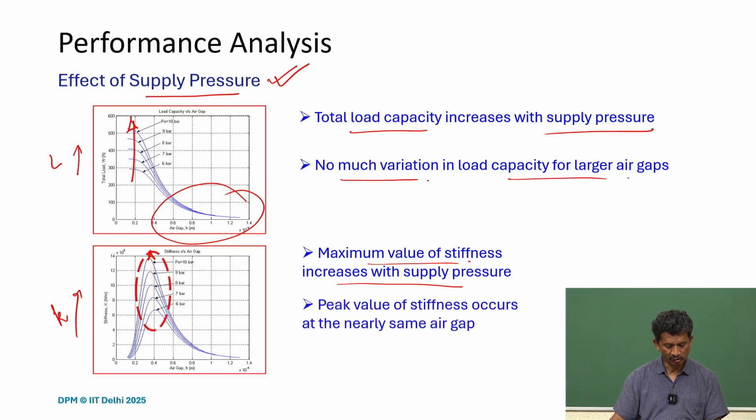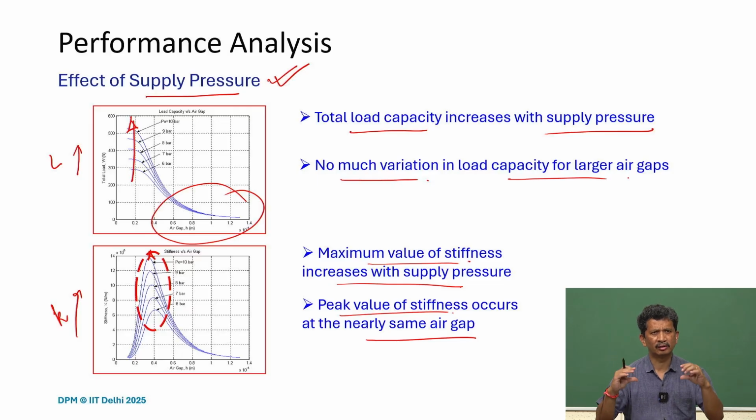But we also notice that the peak value of the stiffness is nearly at the same air gap, and we can correlate this with the size of the restrictor. Because it's a function of the restriction, the air gap on one side, and on the other side the orifice diameter. So the restrictions are provided by these two restrictors, and it's a geometric parameter.